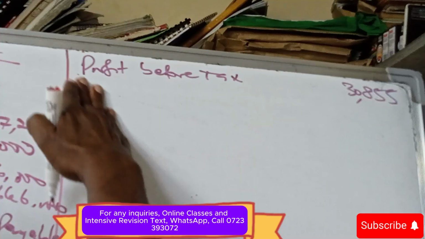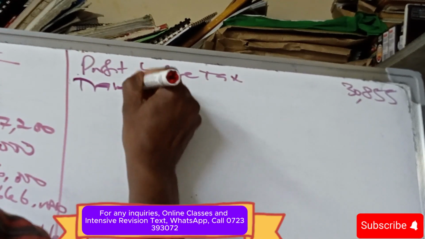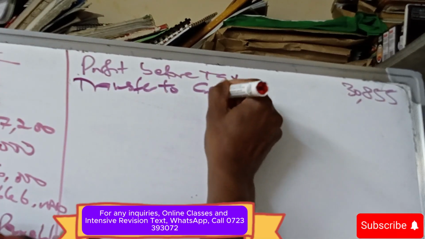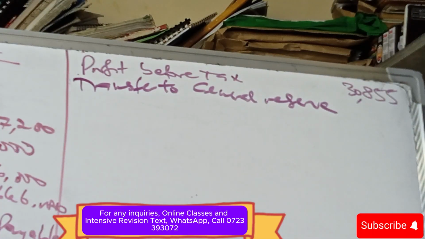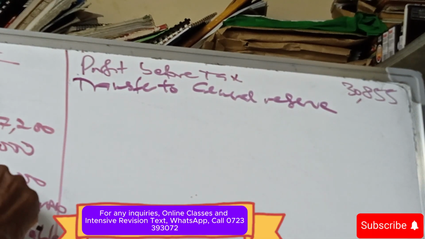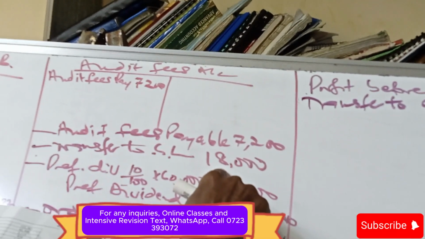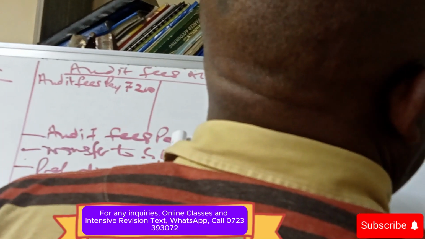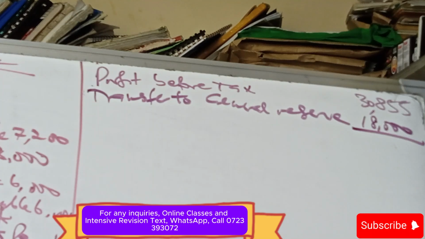But you have not been given the income tax expense, and therefore we say transfer to general reserve. We said within our workings that we are transferring to general reserve an amount equivalent to 18,000. So we remove 18,000 there.